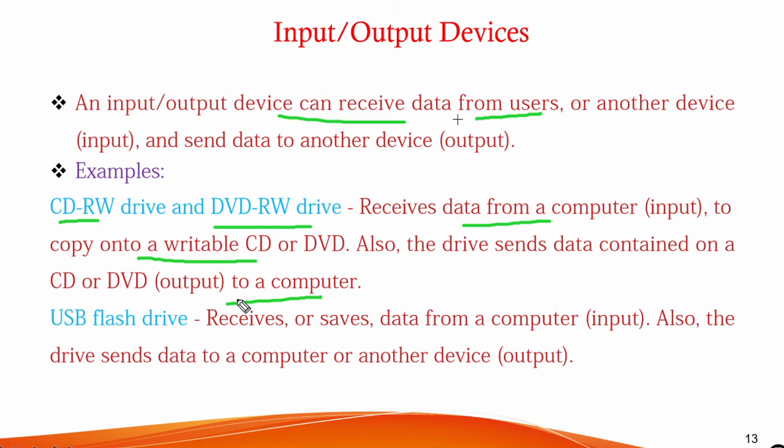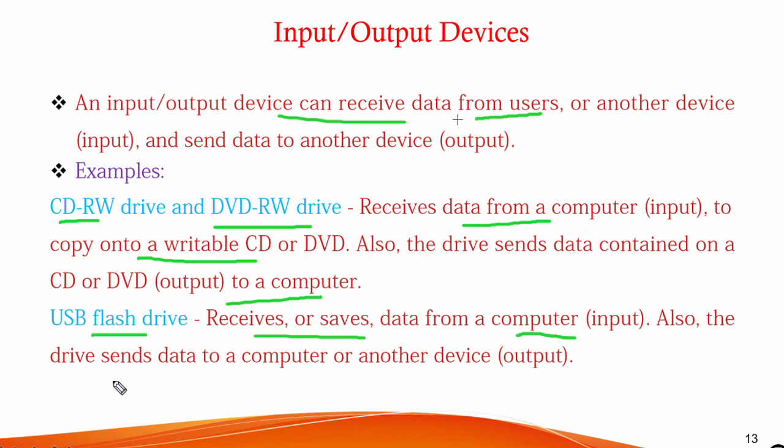That means when we have data on a CD or DVD read writable disc, we can copy the data from the DVD or CD to the computer. Then it acts as the input. When we are writing some data onto the CDs, we call that the output. And USB flash drives also receive and save data from the computer, that is the input.